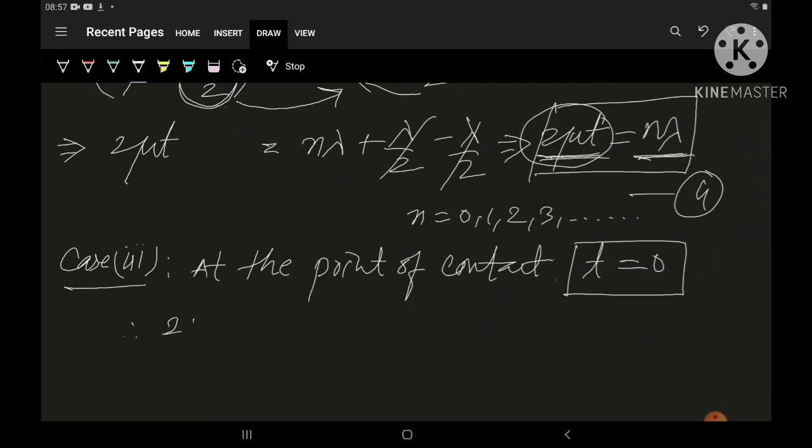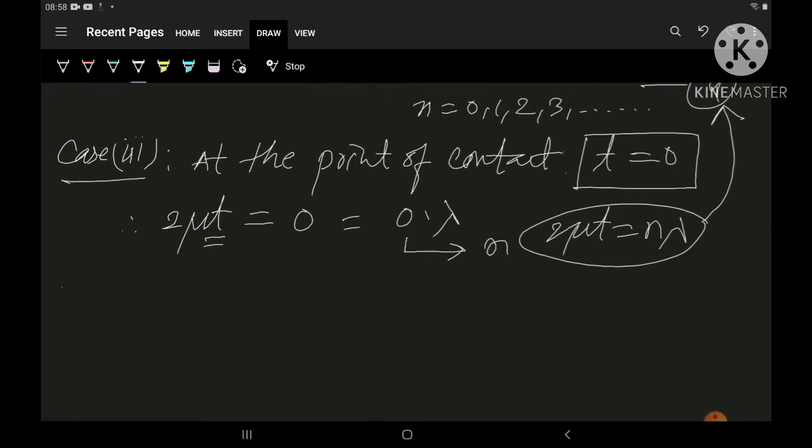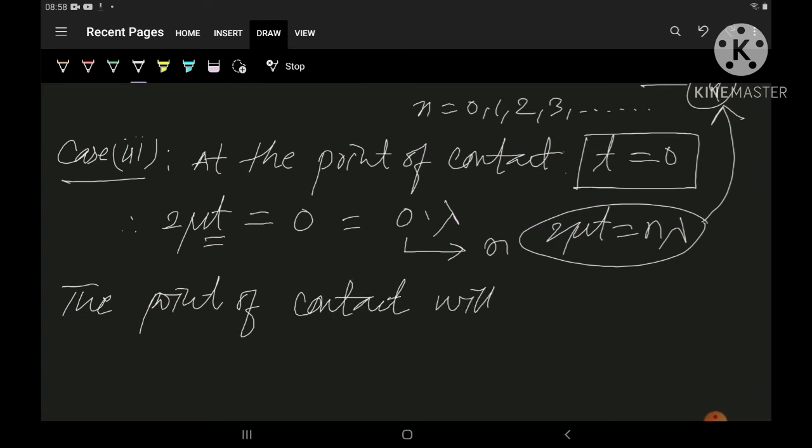Because t is 0, 2 mu t will be 0, or we can write it 0 into lambda. So here 0 is integer, means n, so the condition 2 mu t equals n lambda is fulfilled, and this is the condition of dark spot. So here the point of contact will give dark spot.